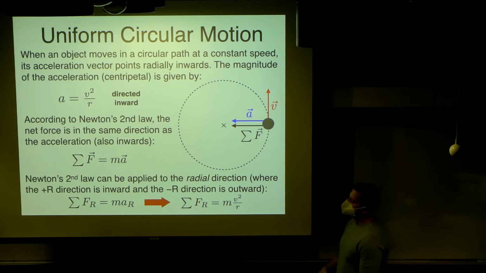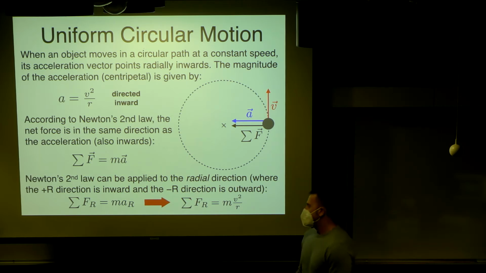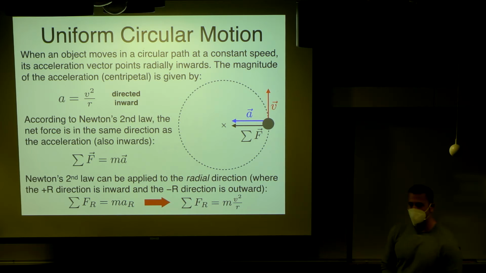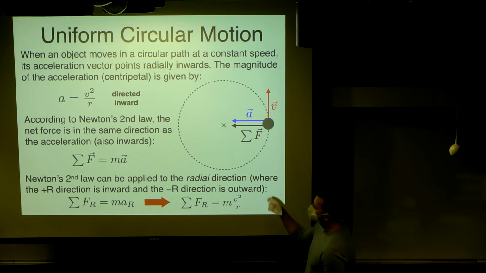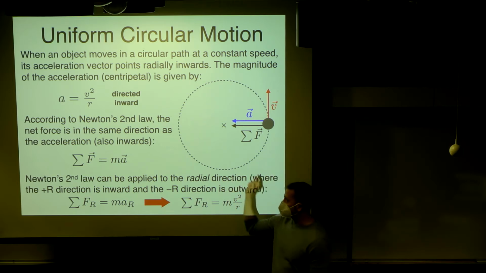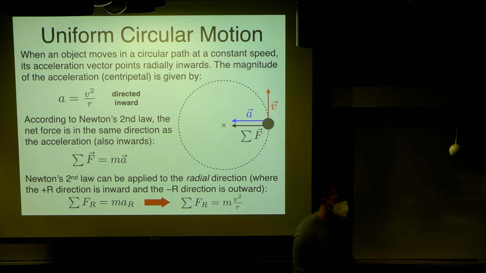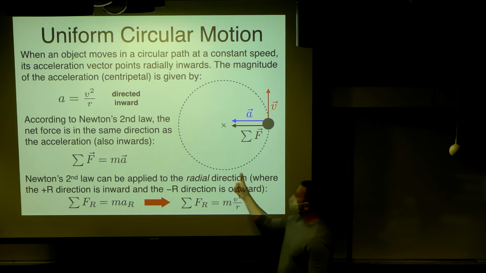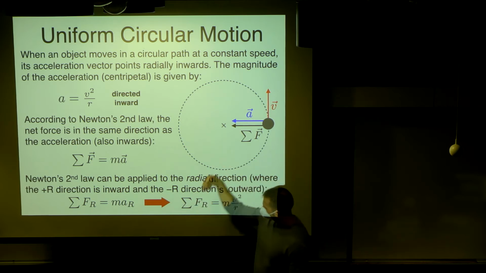So what we typically do in a situation like this, just in terms of problem solving, is we apply Newton's second law to what's called the radial direction. The positive radial direction, just by convention, is taken to be going inwards, and the negative radial direction is going outwards. So any force that's pulling something towards the center is a positive force.